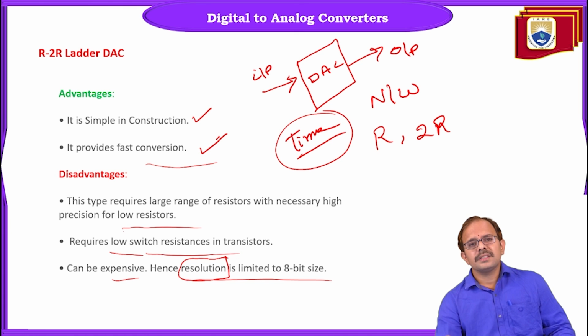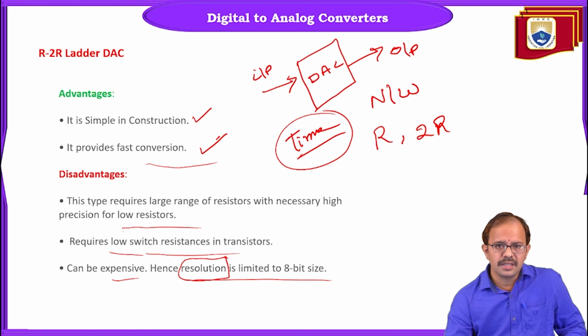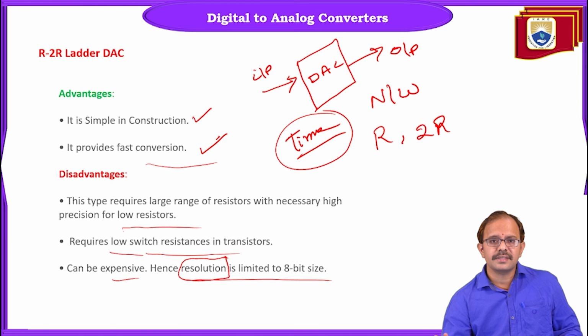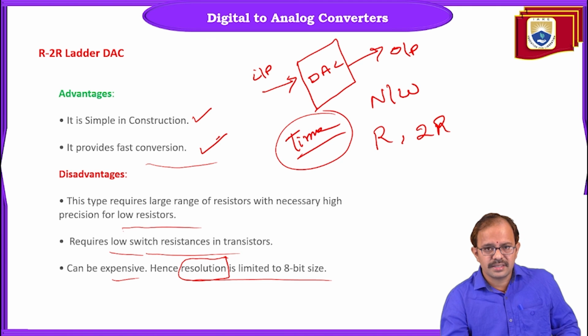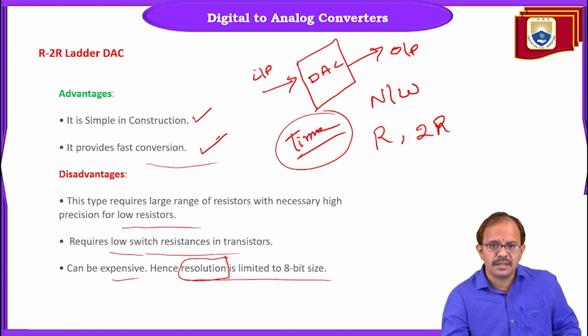The other common drawback in both the weighted resistor as well as the R2R DAC is current variations. That means the current through the resistors will vary abnormally, which means the current through the resistors is not uniform. Different amounts of current will pass through the resistors, right? This is a common drawback and a challenging one. It exists in both the weighted resistor DAC as well as this R2R ladder DAC.